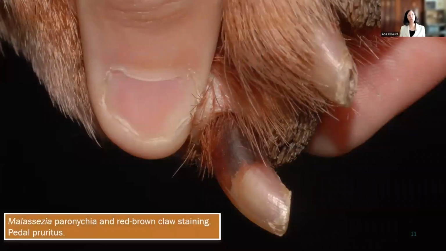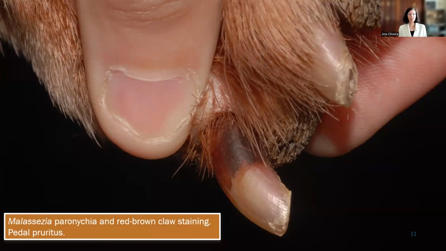Okay, going on with the clinical signs, another clinical sign that can also cause lots of feet licking is Malassezia paronychia. And in this case, Malassezia is on the nail bed and will stain the claw with a reddish brown staining. Again, the patient will lick.